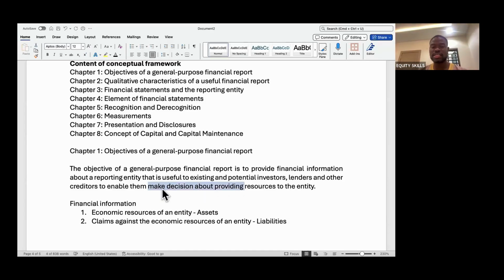And this last sentence already explains why this set of people are seen as the primary user. Because they are the ones that are providing resources to the entity. Without them, there is no entity. If somebody does not invest in a company, if somebody does not have the mind of starting a company, the company will not exist.